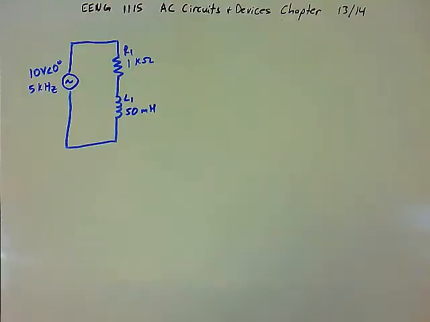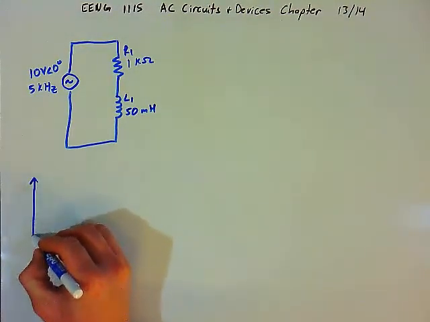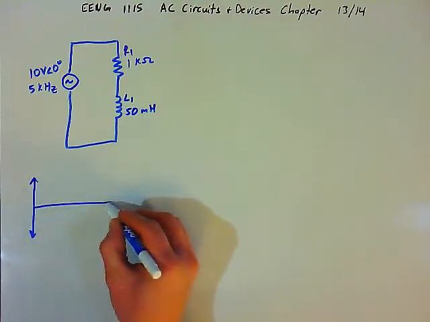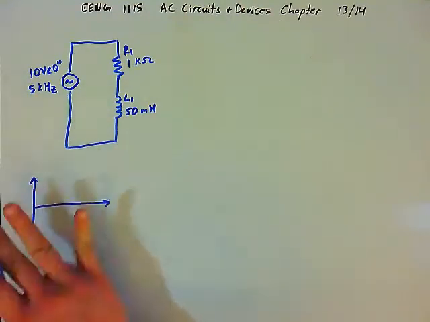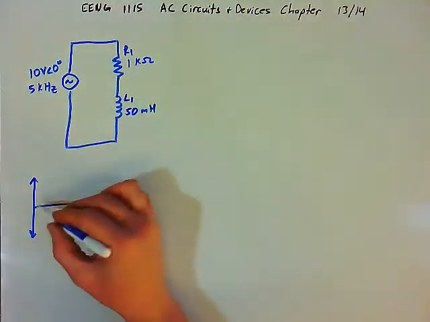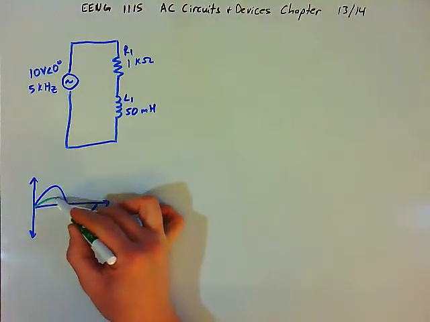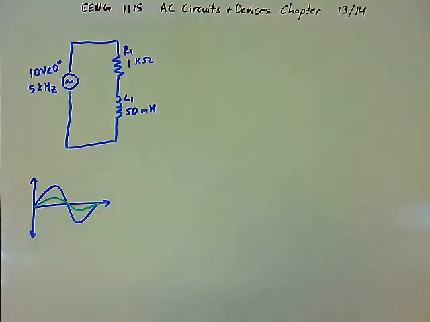So let's look at a circuit now that has a resistor and an inductor. First, we've seen this already in a previous chapter. If an AC circuit only had a resistor, we would see voltage and we would see current, and they would be in phase.